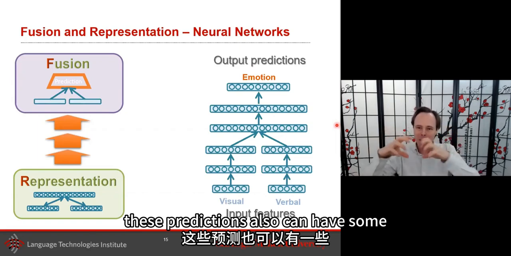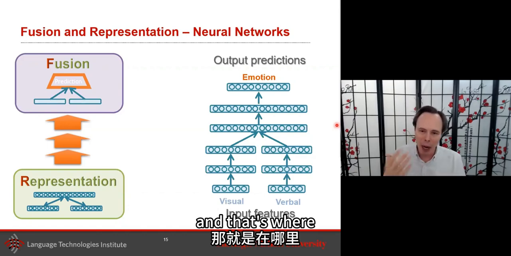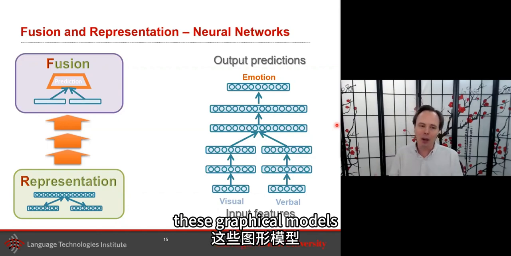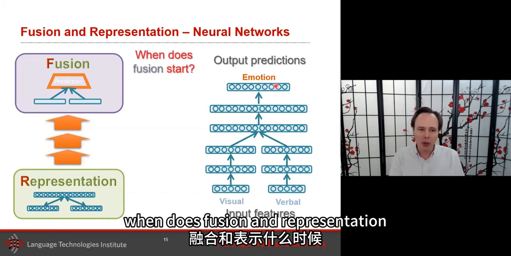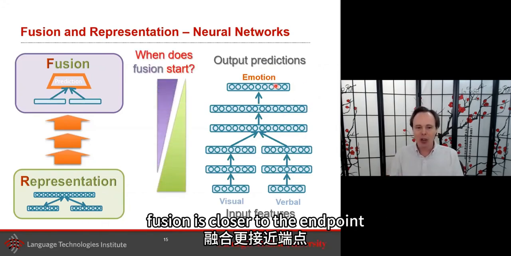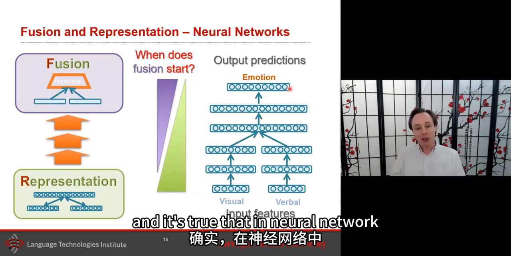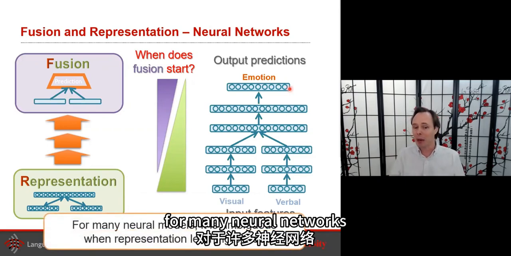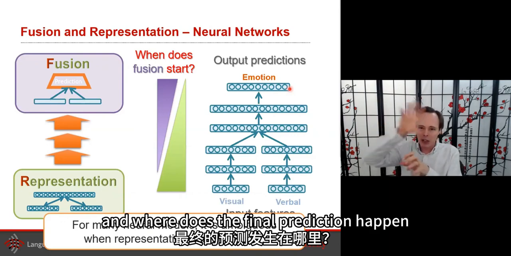also can have labels with some structure in them, and that's where graphical models and fusion come in. When it's time to make that prediction, fusion is closer to the end point, closer to the final prediction. And it's true that for many neural networks, it gets ambiguous where the representation ends and where the final prediction happens.